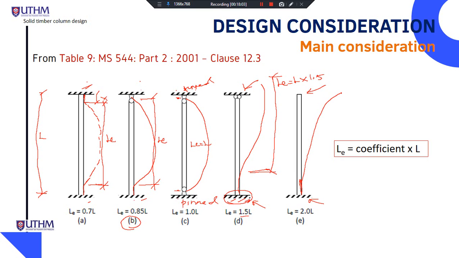This is the shape of the buckling. So the L effective is 2 multiplied with the actual length. And all this buckling is due to the compression load, the axial compression.